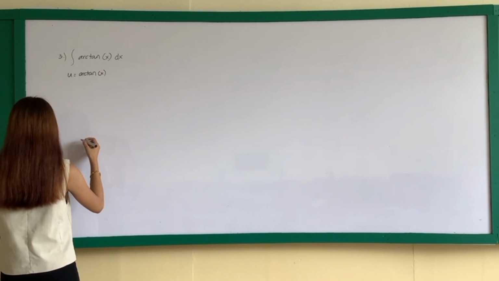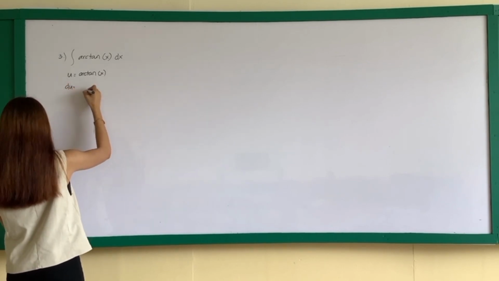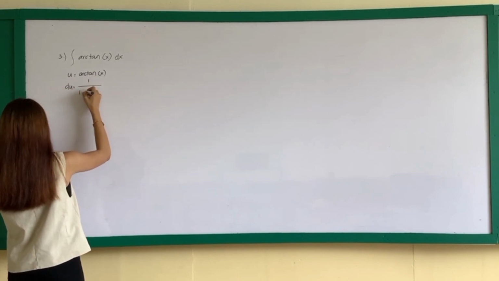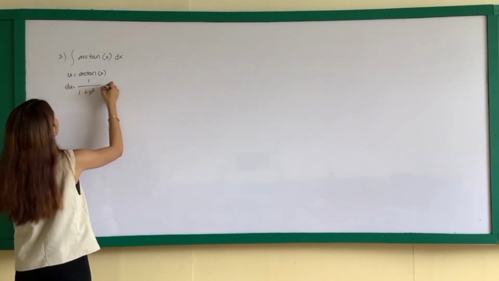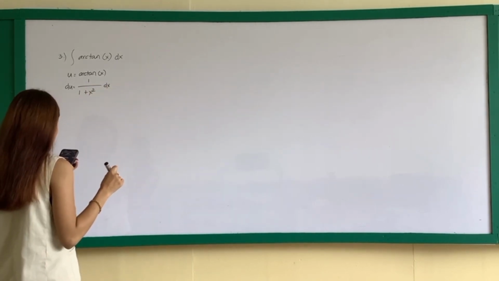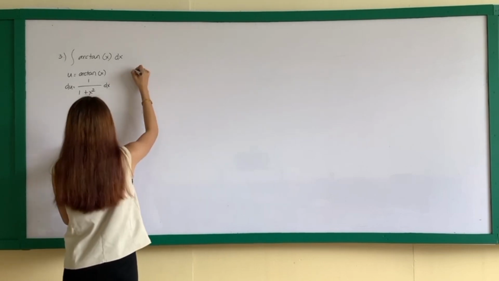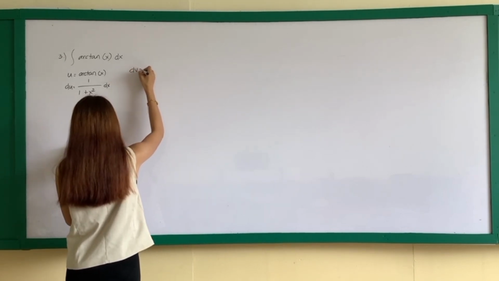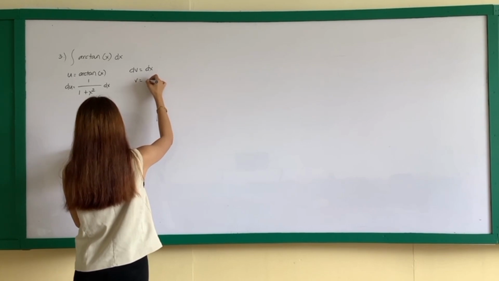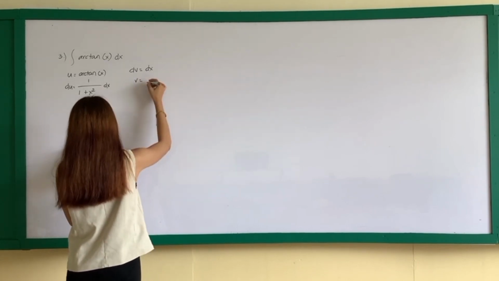Then our du is 1 over 1 plus x squared dx. Then our dv is dx, and our v is x.